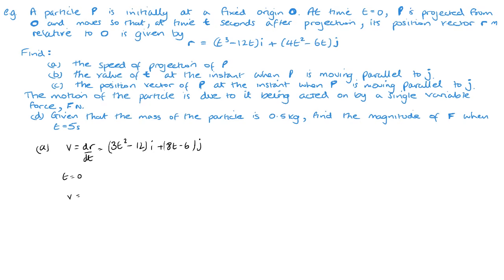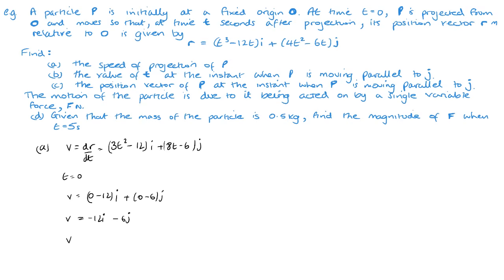So my v is (0 minus 12)i plus (0 minus 6)j, so minus 12i minus 6j. That's the velocity as a vector.